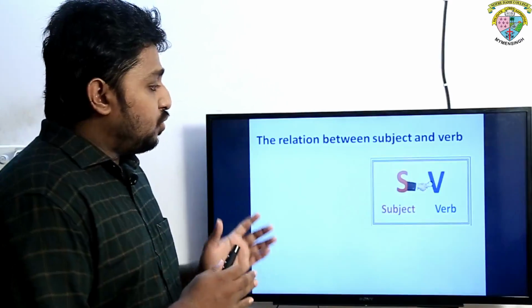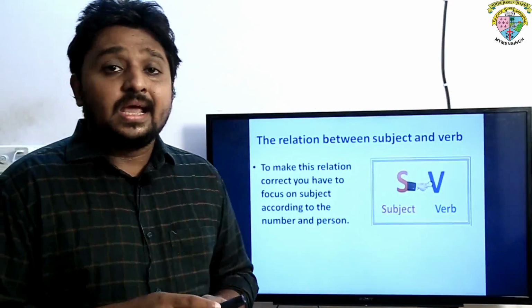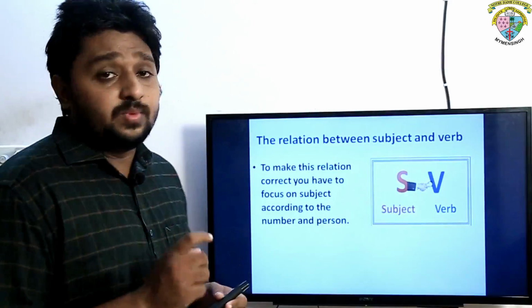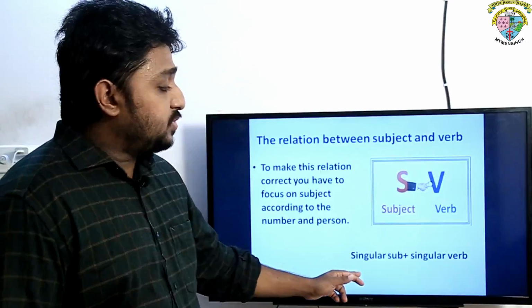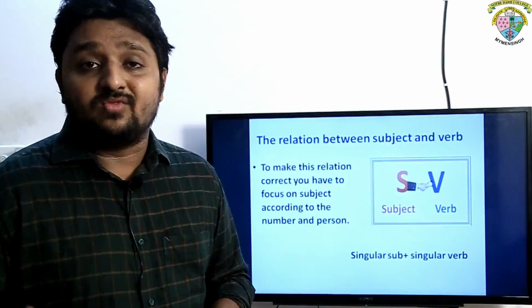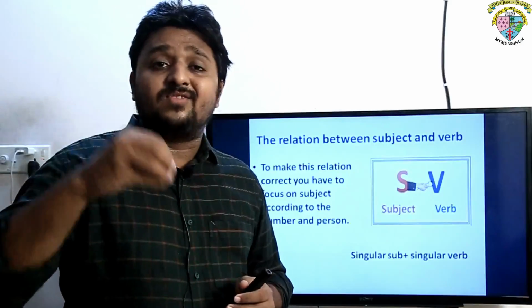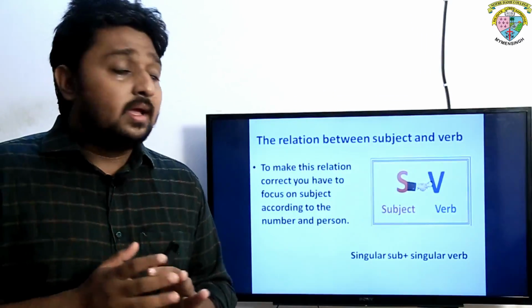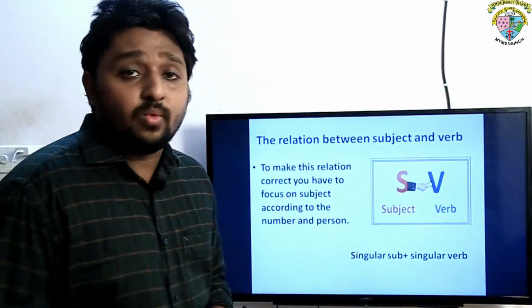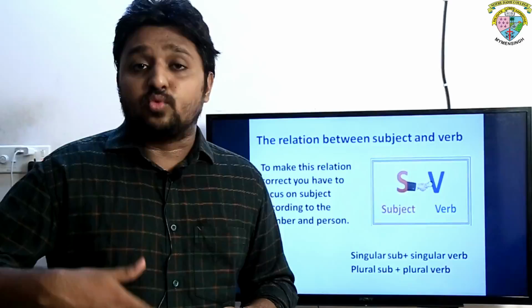And if you want to make this relation correct, you have to focus on the subject according to number and person, because singular subject always receives singular verb, and plural subject always receives plural verb.